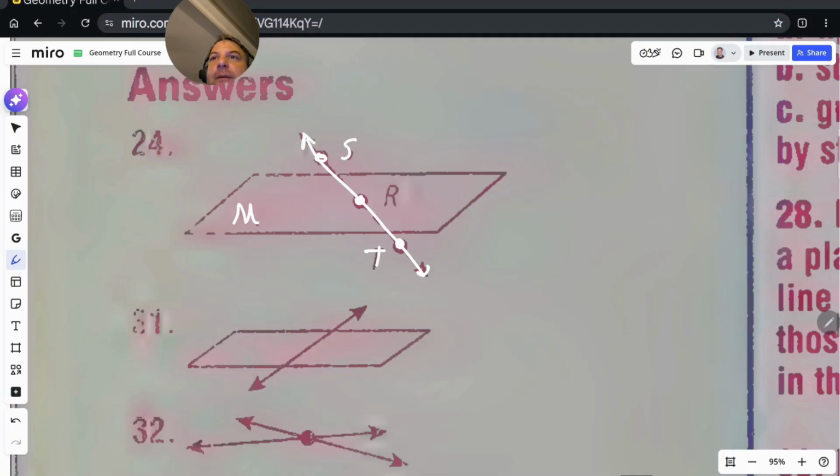Label the point on the line above the plane S, and the point on the line below the plane T, with arrows on both far ends of the line. And where the line crosses the plane, we'll place a dot and label it R. All right, so again, a parallelogram labeled plane M with a slanted line ST that passes through it. The point of intersection is labeled R.